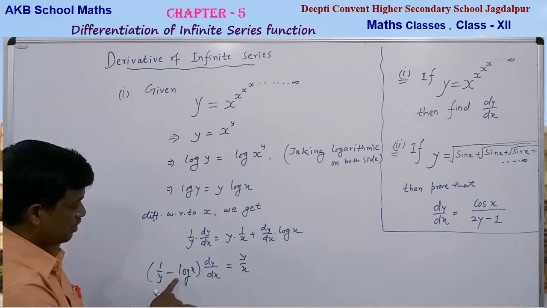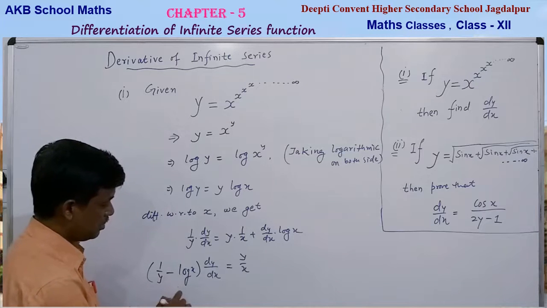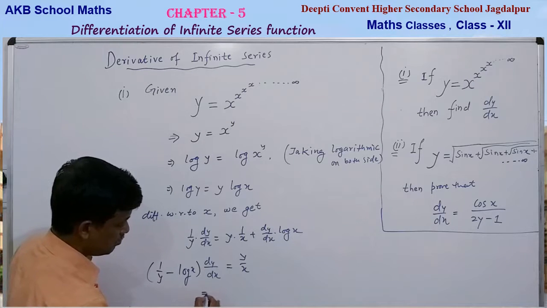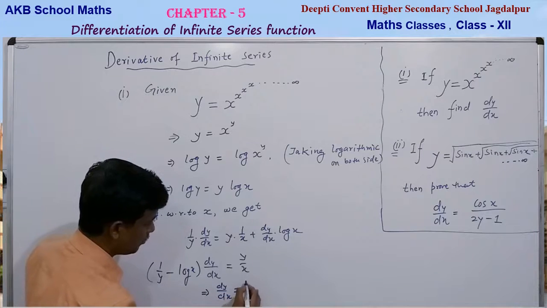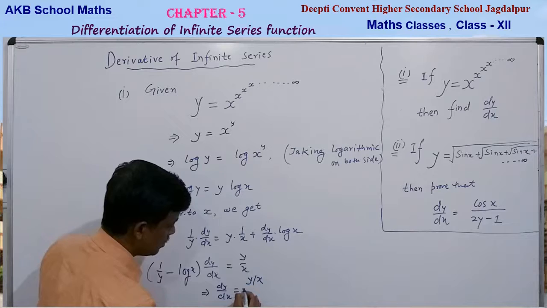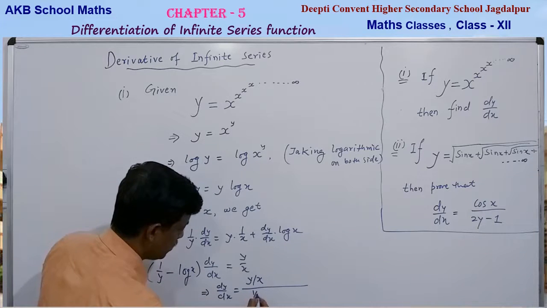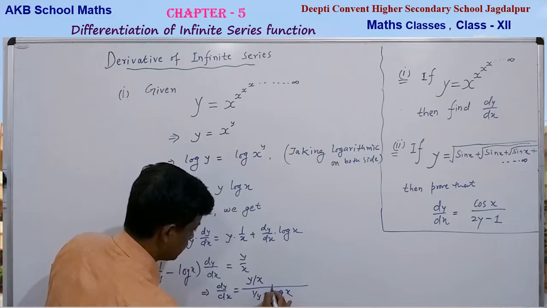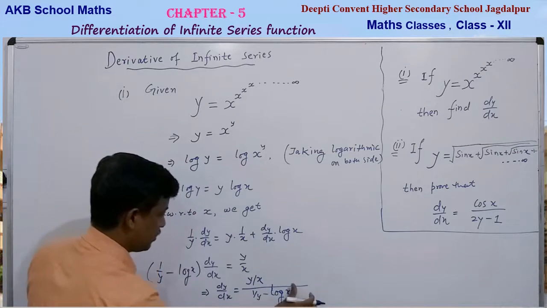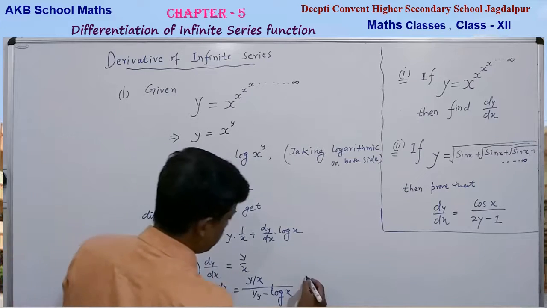Now from here dy upon dx equals y upon x divided by 1 upon y minus log of x. So finally the answer will be in simplified form.